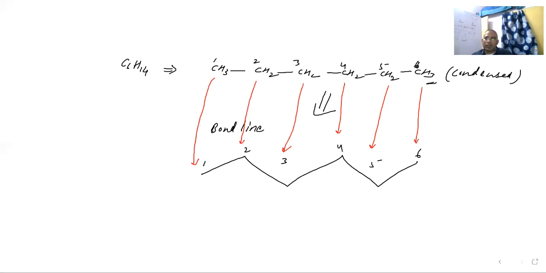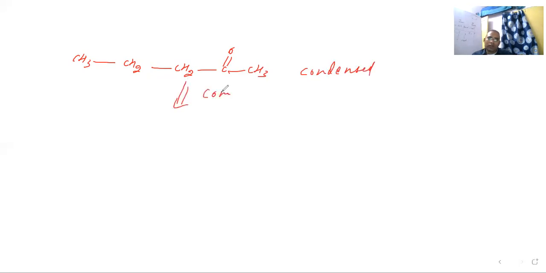Let us try to understand one more compound. I have this compound: CH3, CH2, CH2, then C double bond O, and here CH3. This is the condensed formula that has been given. Now we are going to change it into the complete structure. Firstly, count how many carbons: 1, 2, 3, 4, and 5.